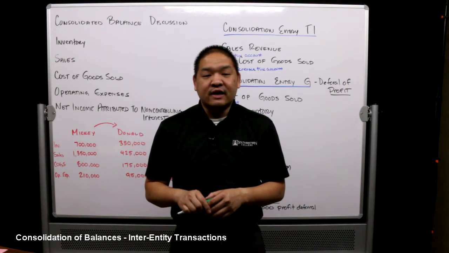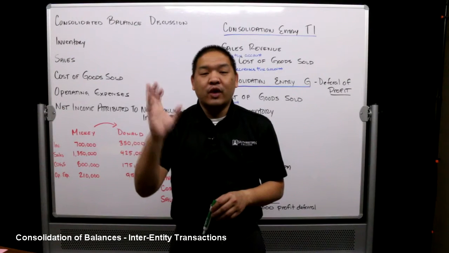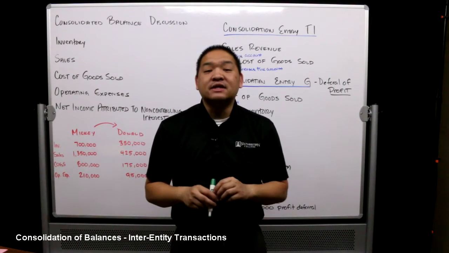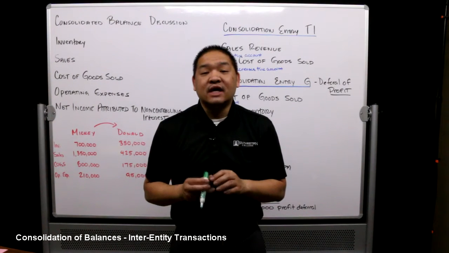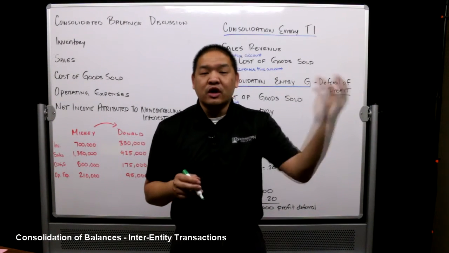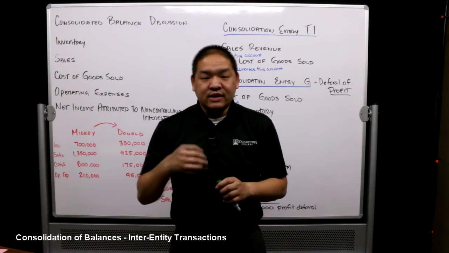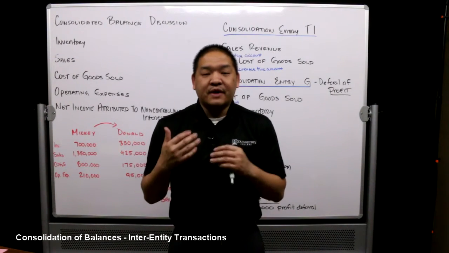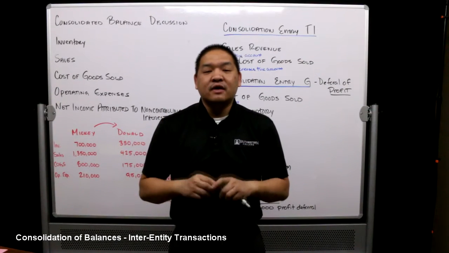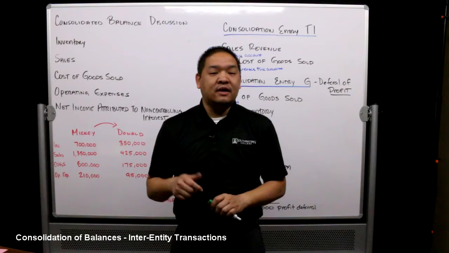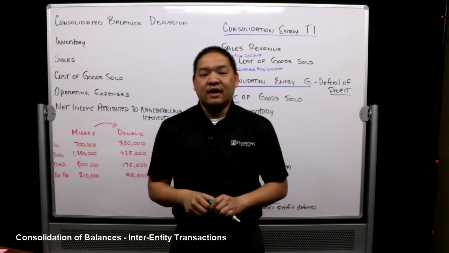And so, for instance, if a parent has a piece of equipment and sells it to the subsidiary, we have to defer any gains or losses from the sale of it until that equipment is subsequently sold to another company, okay? The reason we do that is because a company itself cannot sell itself the same piece of equipment. If they could, they could inflate gains or losses based on the selling price.